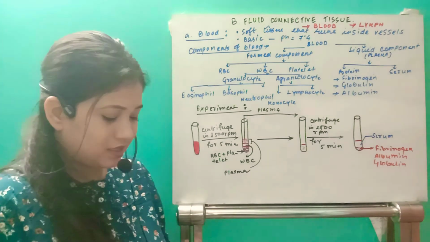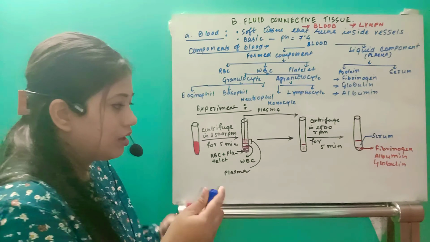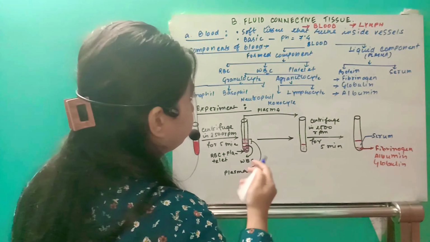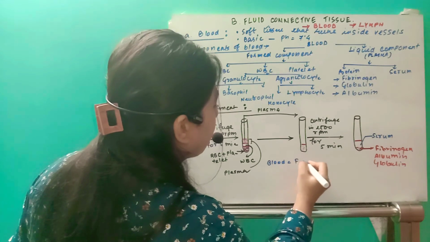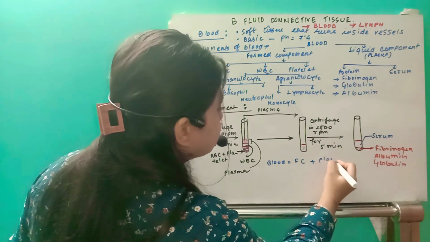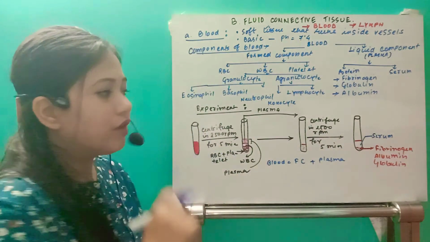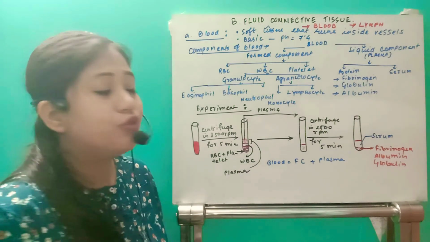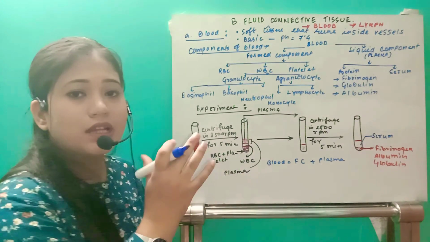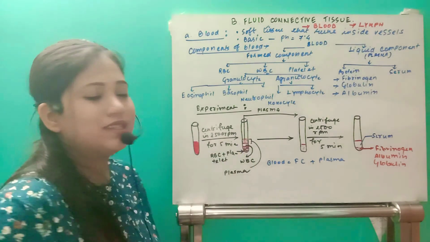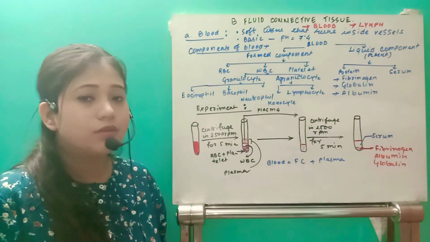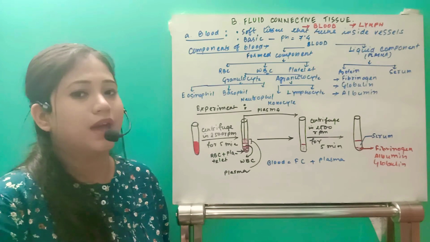So what we can say is that blood will be equal to the formed component plus plasma. And what will be the plasma? If you remove the formed components, that is RBC, WBC and platelets, from the blood, then you will get the plasma.